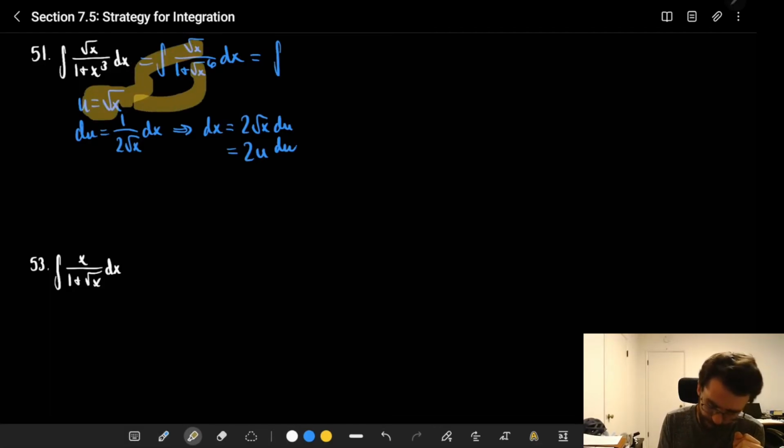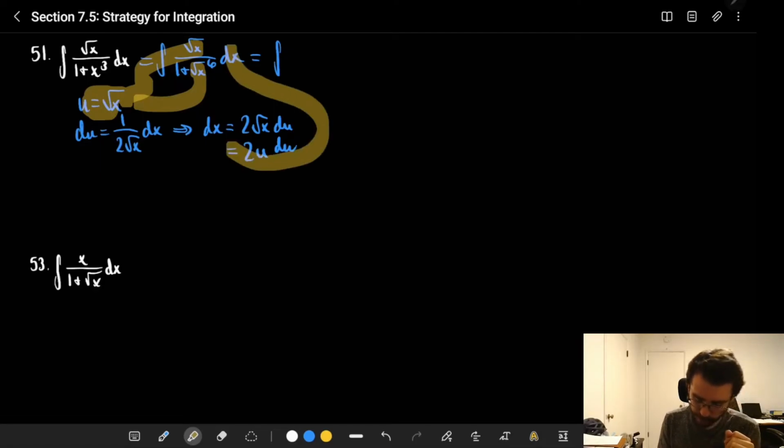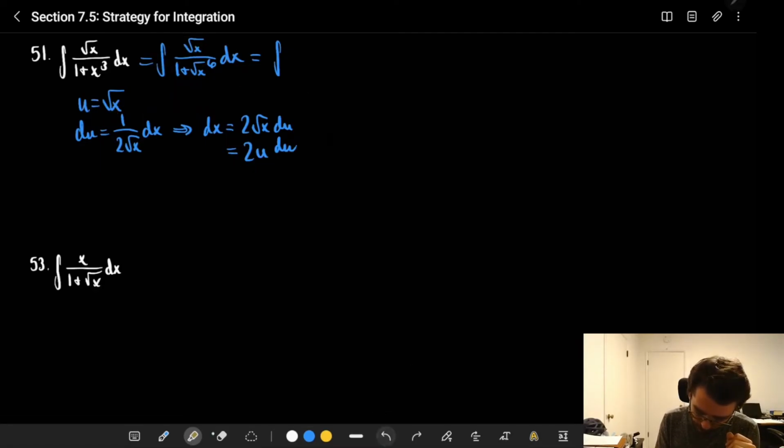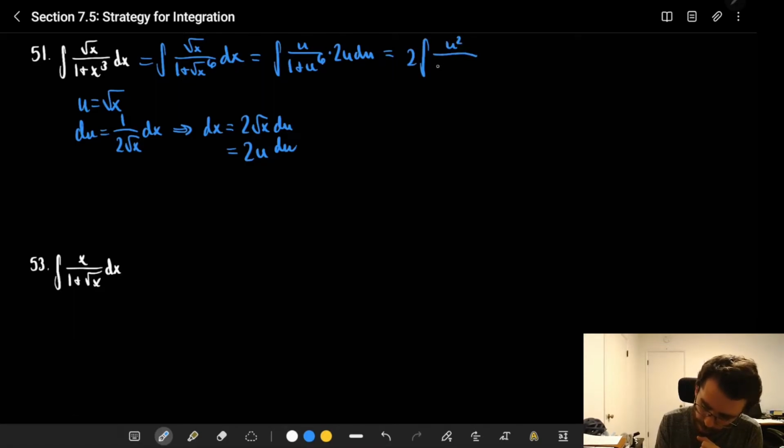It also goes here, and then dx is 2u du. Plugging that all in, you get u over 1 plus u to the 6th times 2u du. So this becomes, pull the 2 out, multiply the u by the other u, you get this.